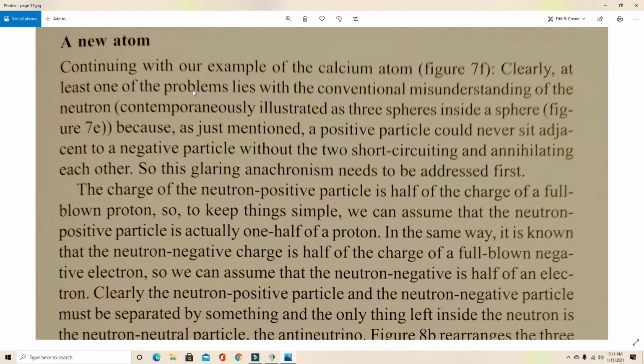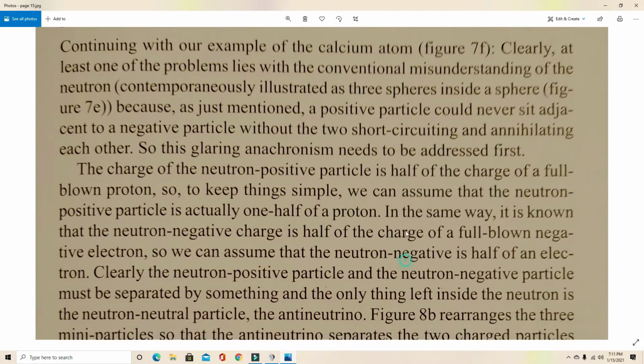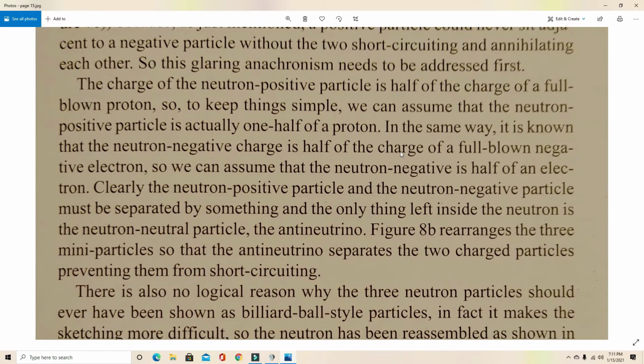The charge of the neutral positive particle is half of the charge of the full-blown proton. So to keep things simple, we can assume that the neutron positive particle is actually one half of a proton. In the same way, it is known that the neutron negative charge is half the charge of a full-blown negative electron. So we can assume that the neutron negative is half of the electron.